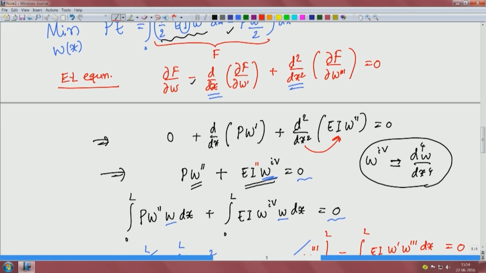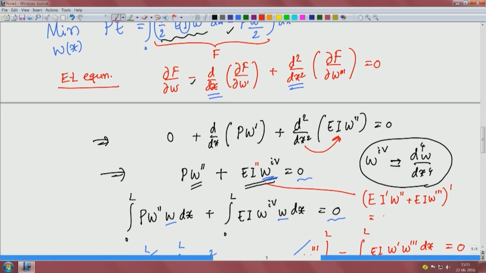So, there will be two terms coming. Over here we will have E I prime W double prime, plus there will be two terms, right. When we do this, two derivatives we have to do. So, E I prime W double prime, and then E I W triple prime, and one more prime will be there because this is d square by dx square.